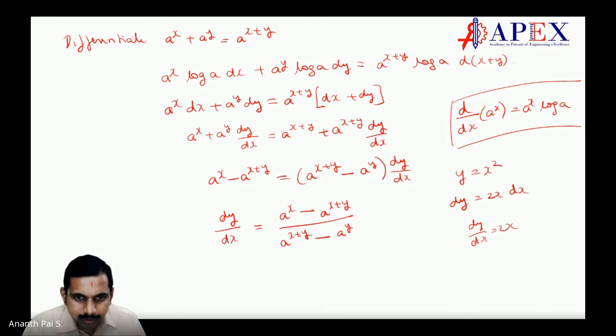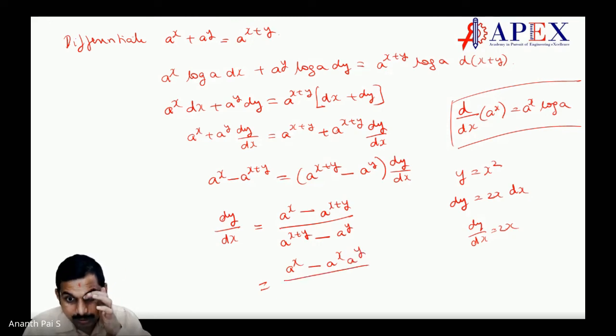So now further going, let us try to simplify this still further. So we can write a power x minus a power x plus y, which is a power x minus a power x into a power y. We can write it like this, correct? So the denominator we can write as a power x a power y minus a power y.